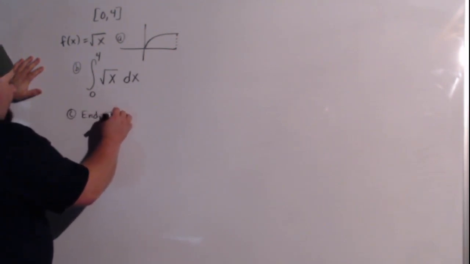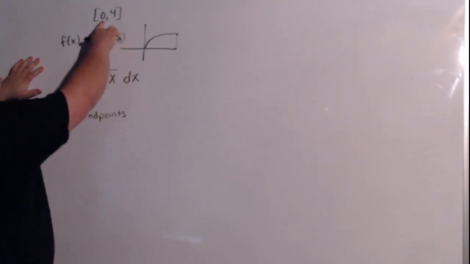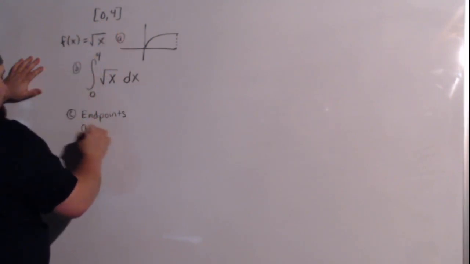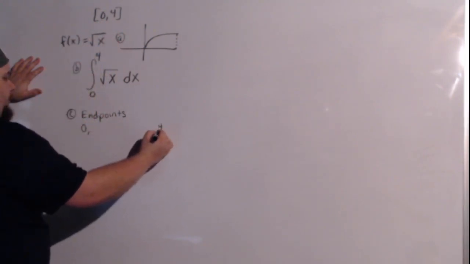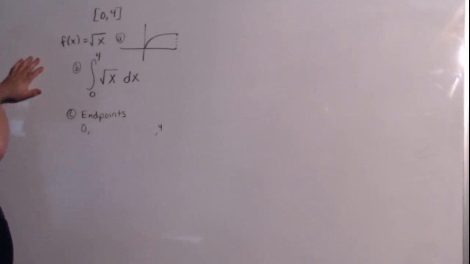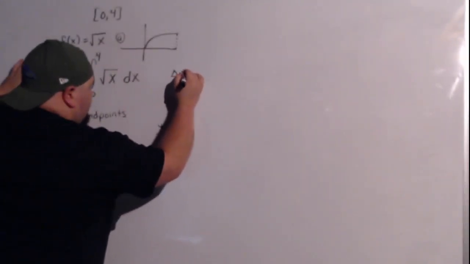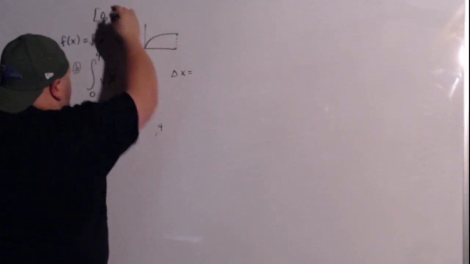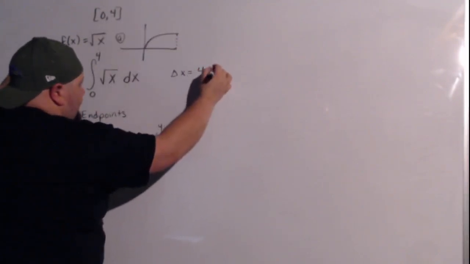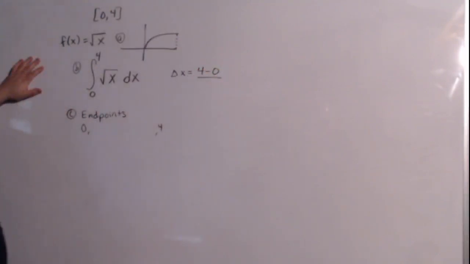Well, they start at 0 and they end at 4. Well then, what are all the numbers in between? Well, recall we have this delta x, which is the interval 4 minus 0 all over the total number of rectangles, which in this case is 8.